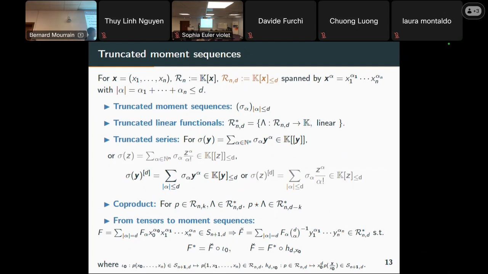We can associate with it an element in the dual of polynomials in n variables of degree less than or equal to d in a very natural way.